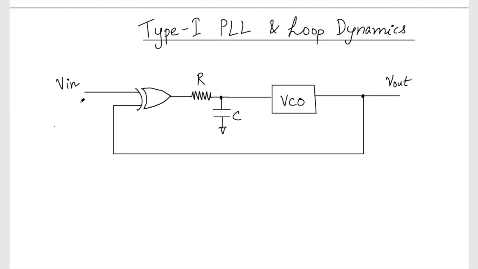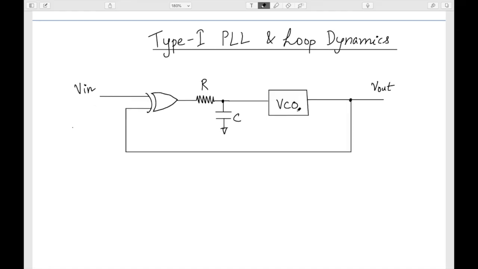This is what we want to see. In LTspice we have seen how to simulate a VCO and how to simulate an XOR. Of course we can just add this RC and do the simulation of this PLL in LTspice. So let's go to LTspice and see how it looks.